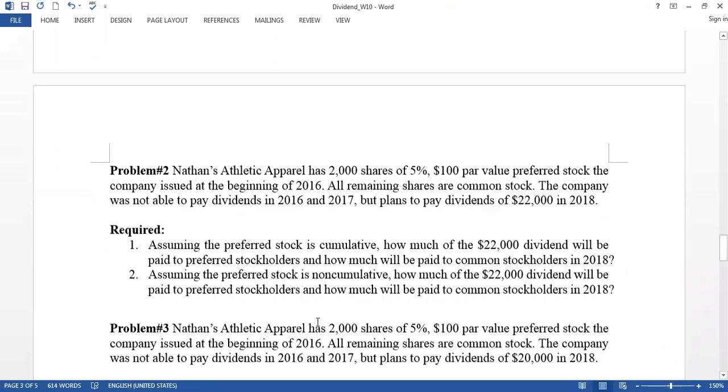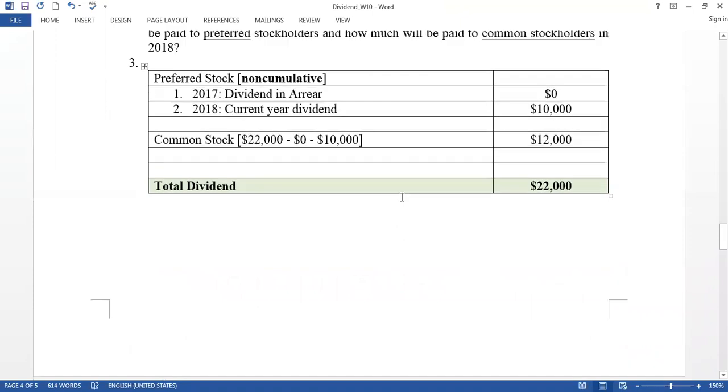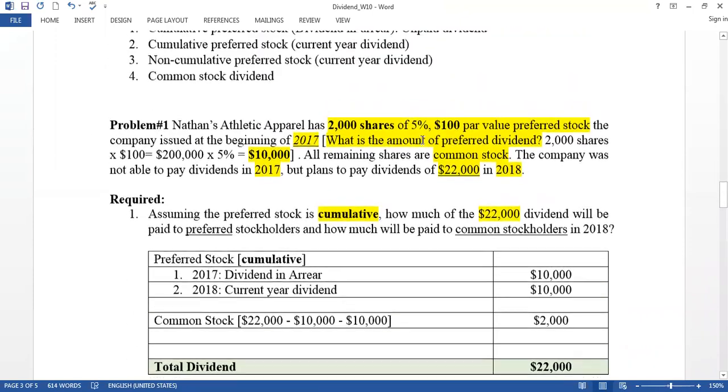Now, second question. It is the same question, I just changed some things here. So again, Nathan's Athletic Apparels has 2,000 shares, 5%, $100 par value preferred stock. Now, if you buy this share, what is the amount of your dividend?